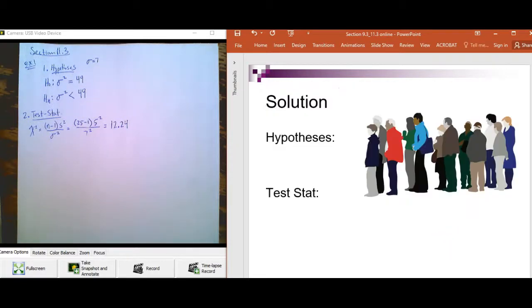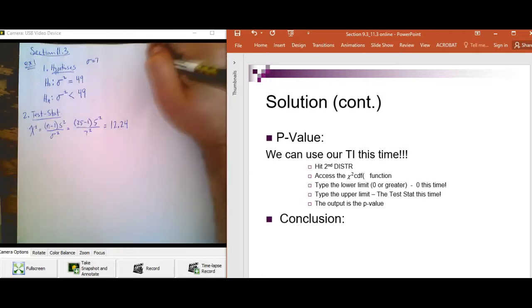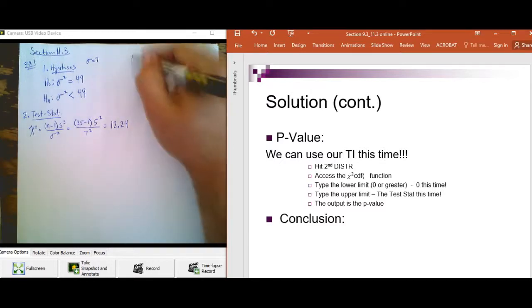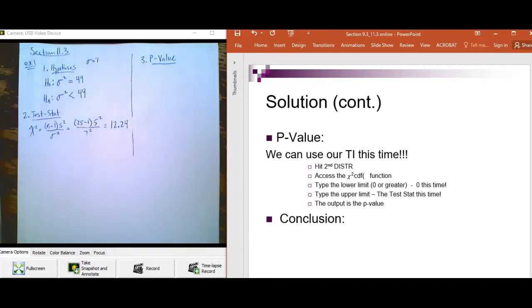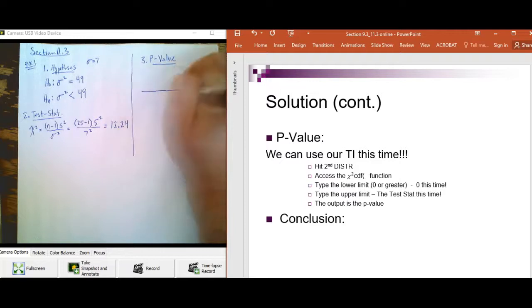Next we need to find our p-value. Here are our hypotheses and test statistic. To find our p-value, we need to use our calculator. It's a little bit of a different process in the calculator here because we're using a different distribution. Here is our chi-square distribution. It's right skewed.